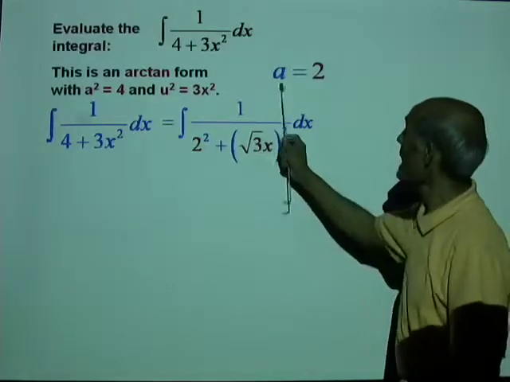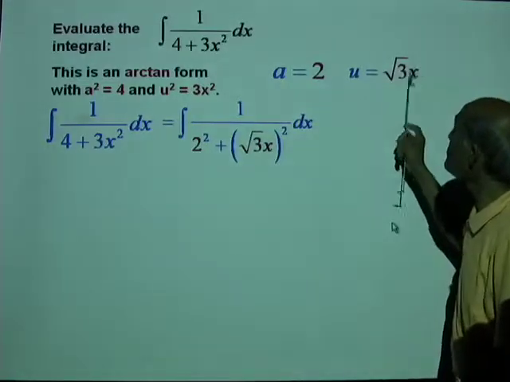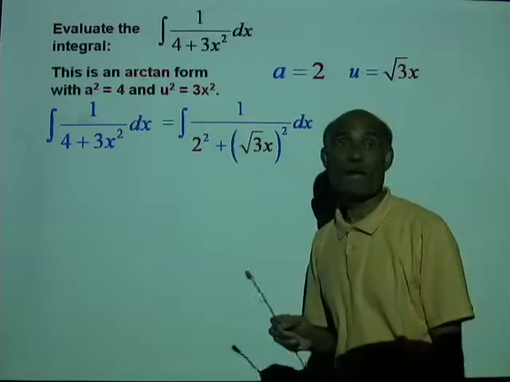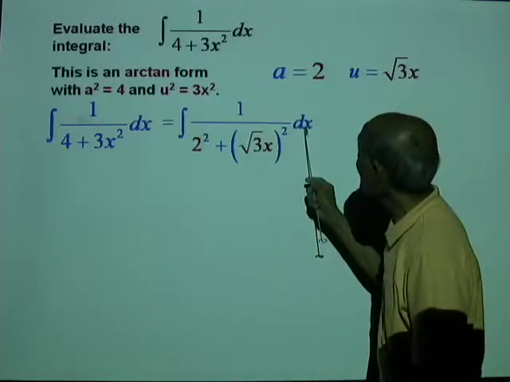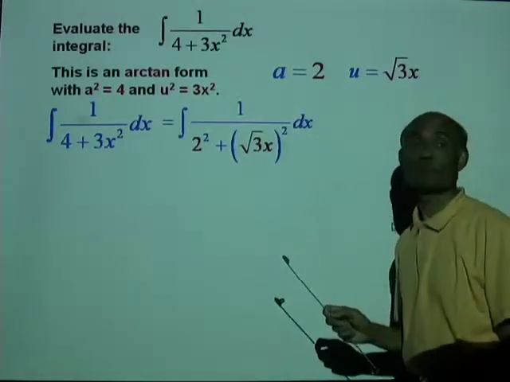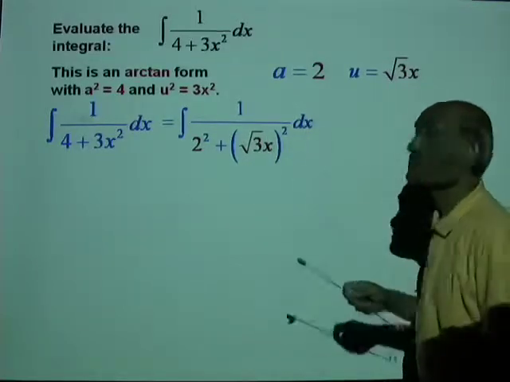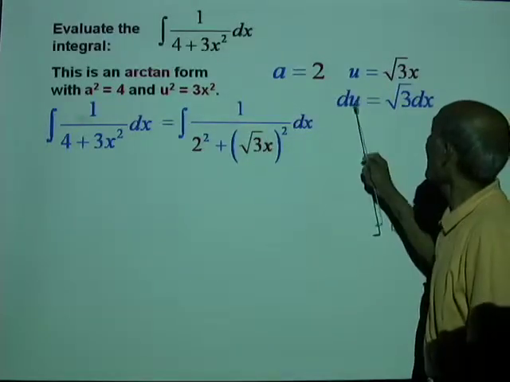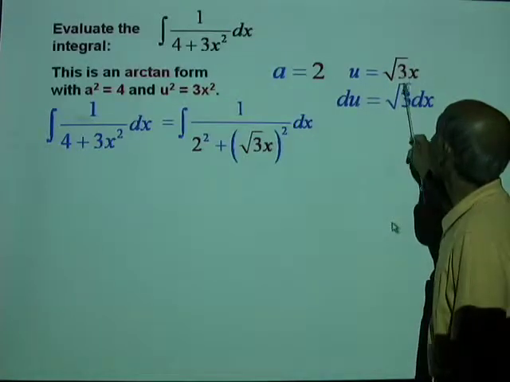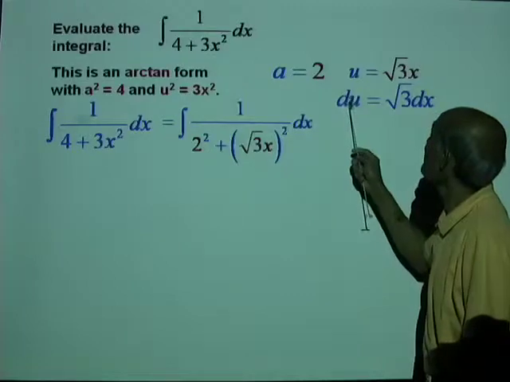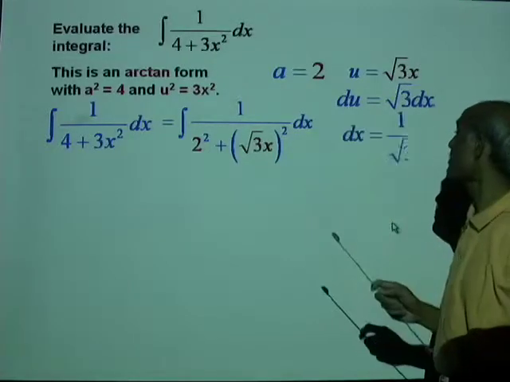Well, so a equal to 2 and our u equal to square root 3x. Well, if that is the case, what is our dx then? Our dx, when this becomes u, our dx needs to be replaced. So our du equal to square root 3 dx. So our dx will become du divided by square root of 3.